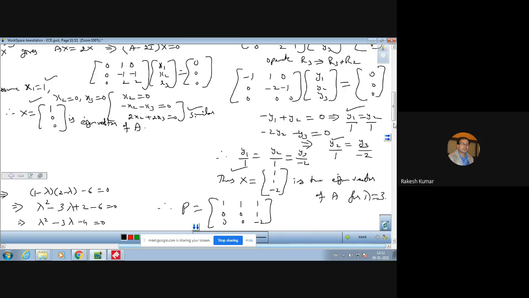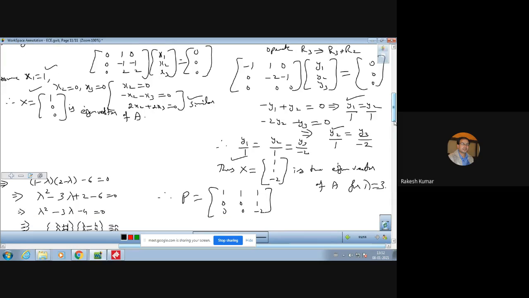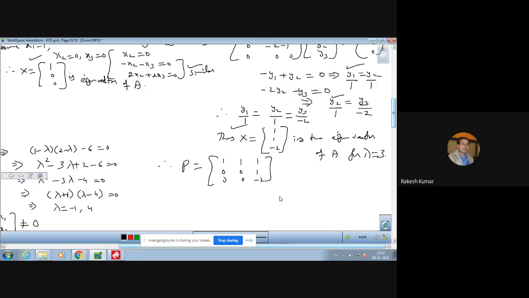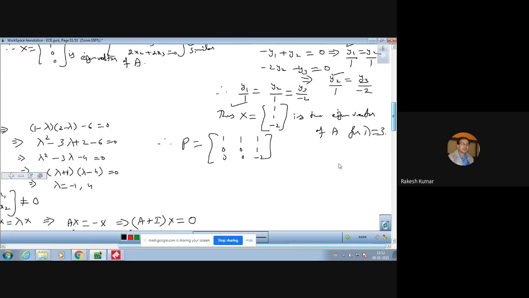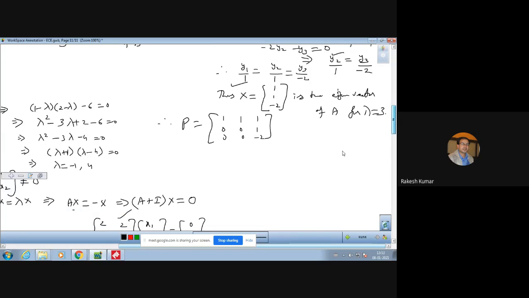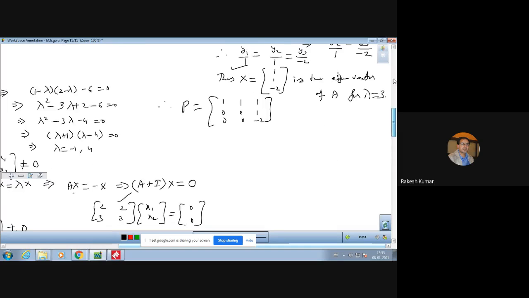Now the question arises, is this matrix invertible or not? This is important because we have to use the formula P inverse AP.